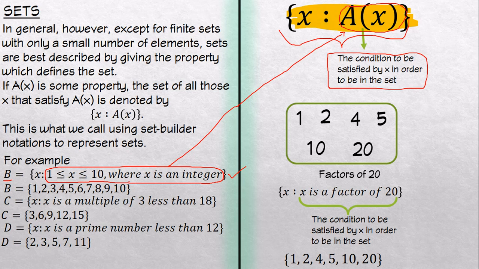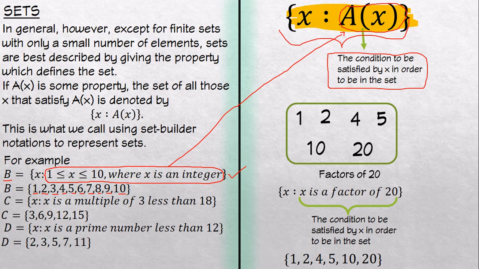So just by the way the set over here has been defined, we should be able to tell the elements that we can find in there. So realize that we have 1, 2, 3, 4, 5, 6, 7, 8, 9, and 10.